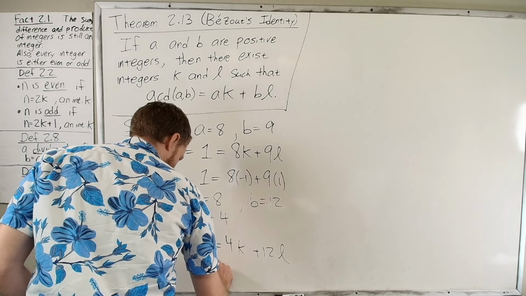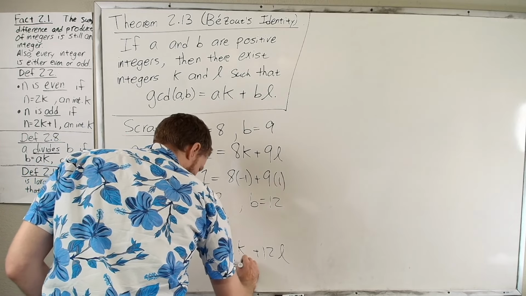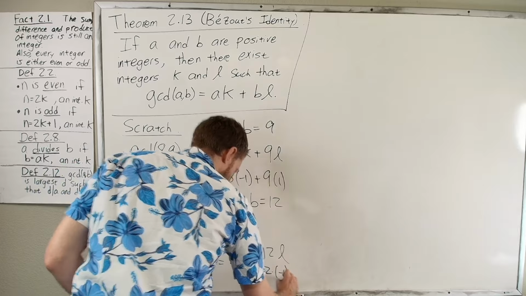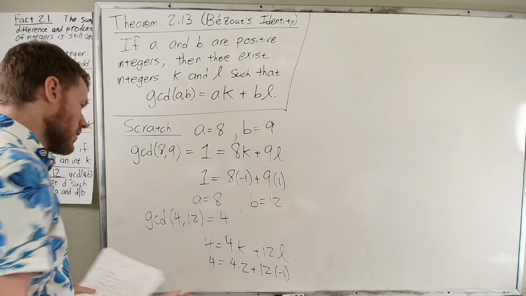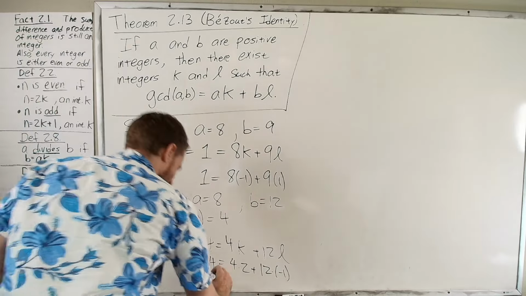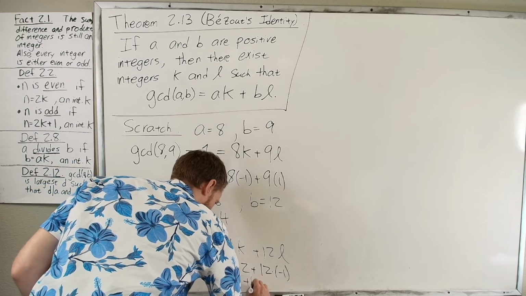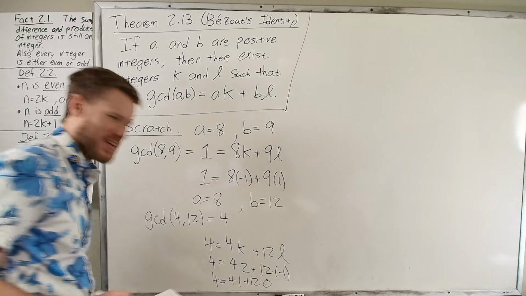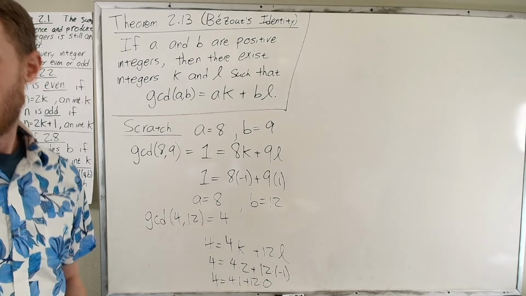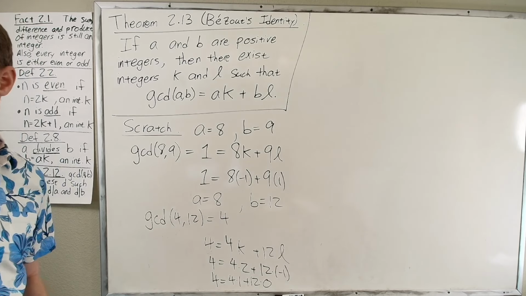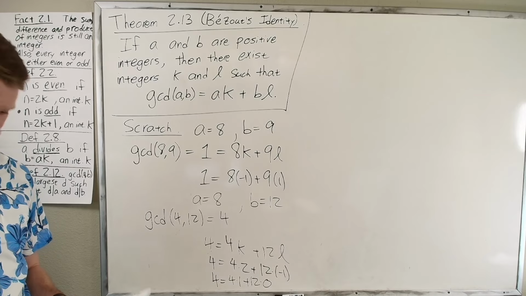So 4 equals 4 times 2 plus 12 times -1. Or you could also say 4 equals 4 times 1 plus 12 times 0. Okay, you can just cancel out that second term. And if I gave you some time, you could come up with many other ways. There are, in fact, infinitely many. Interesting fact.